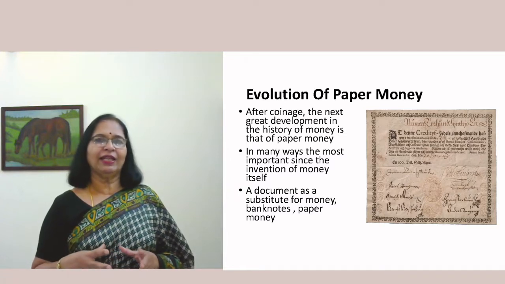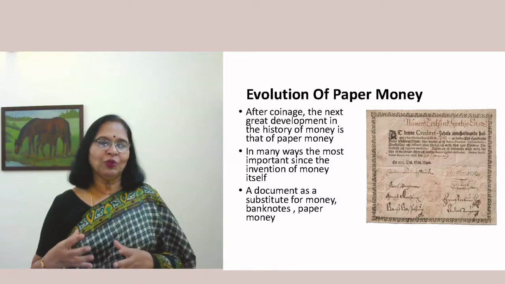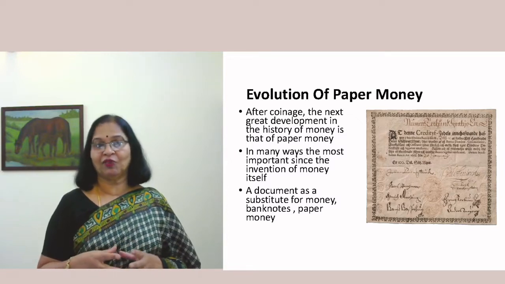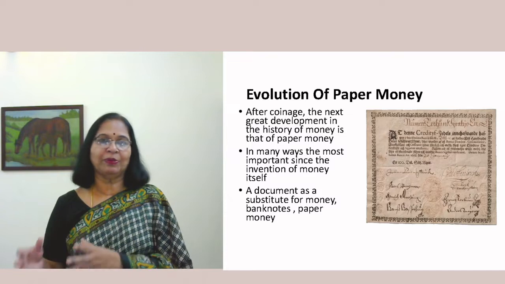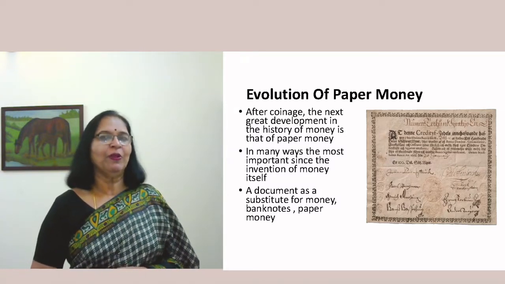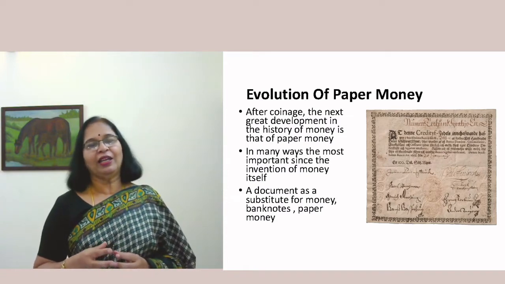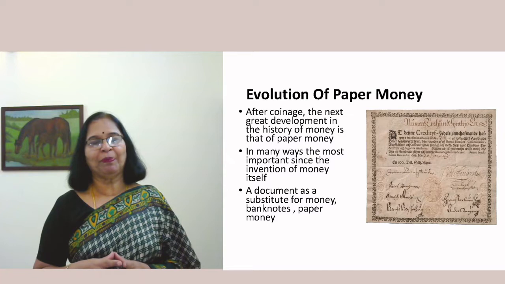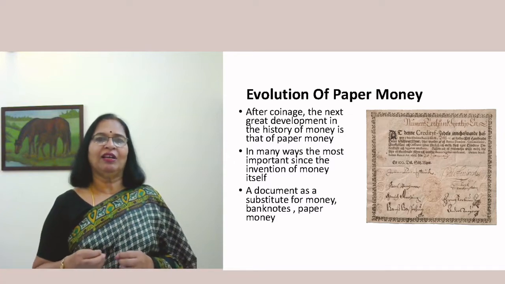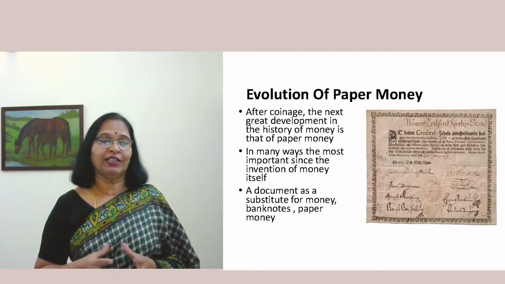So all these led to the evolution: why use gold for day-to-day transactions? Why don't we keep gold as a reserve and let paper currency come into being? This was also done in the course of its long history. In early days, we find that the paper currency was handwritten. It was in some form of a document.